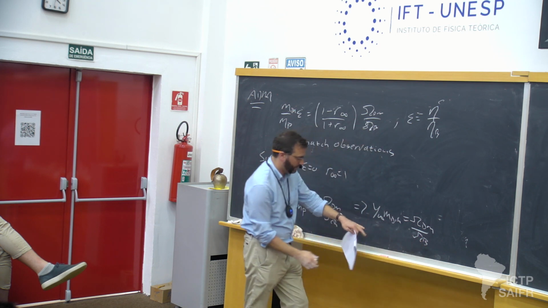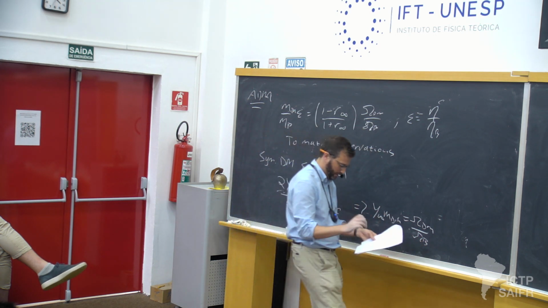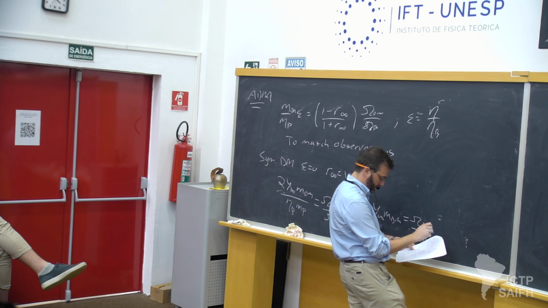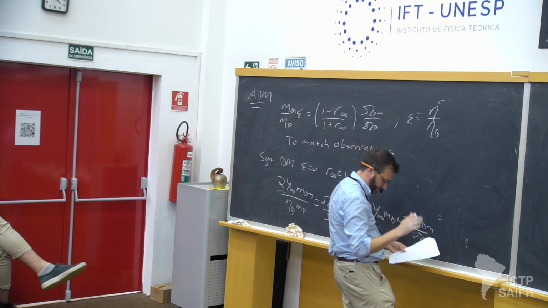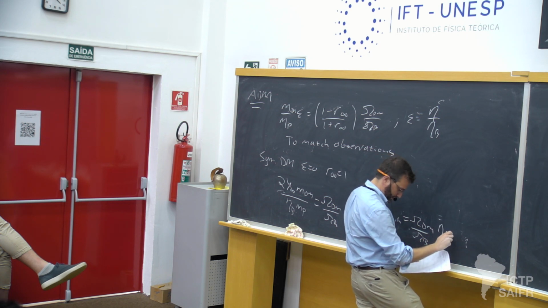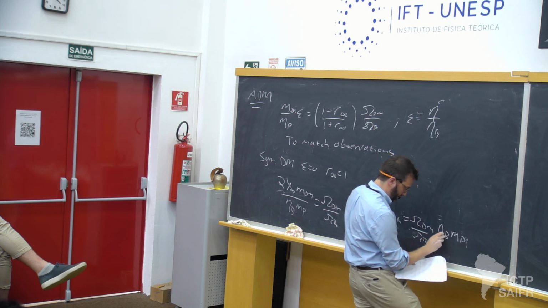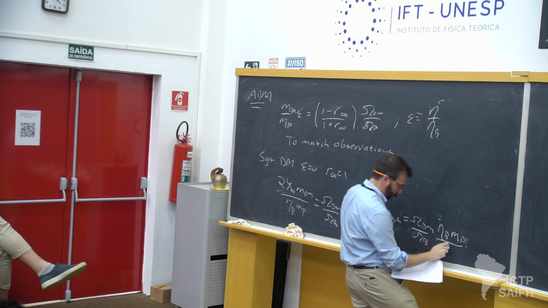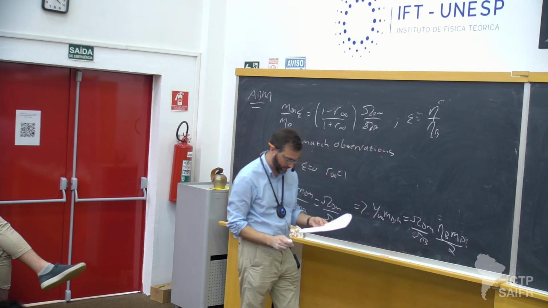So yesterday I told you this has to be 0.43 eV. Well, here we have an extra factor of 1/2, because we're dealing with just one of the components of the symmetric dark matter.